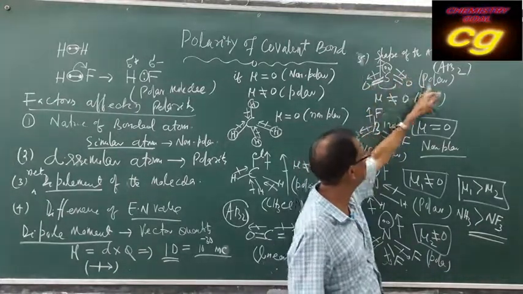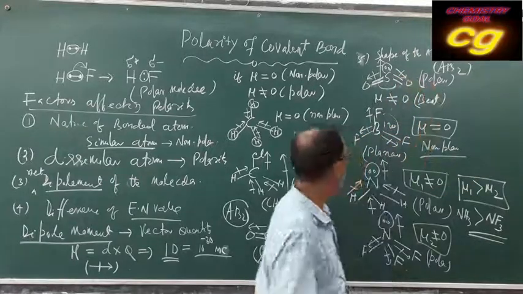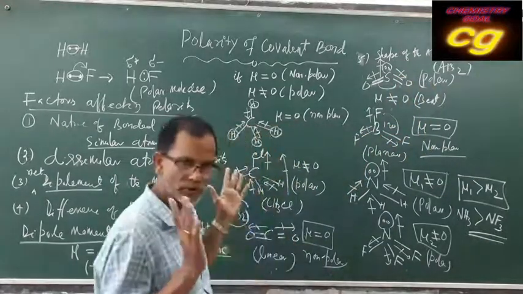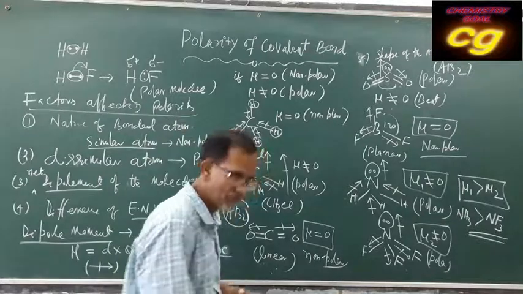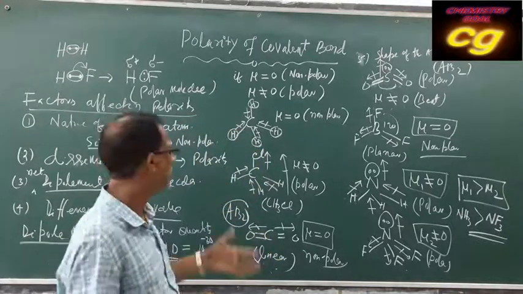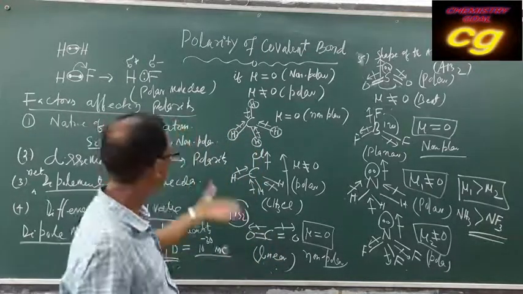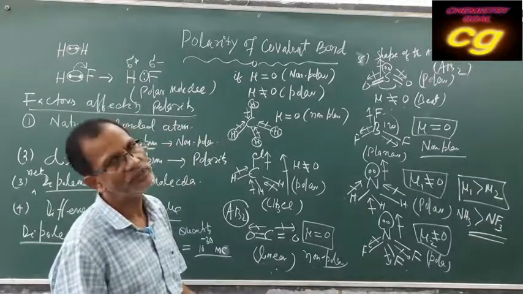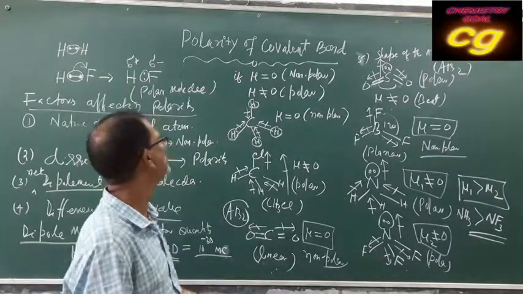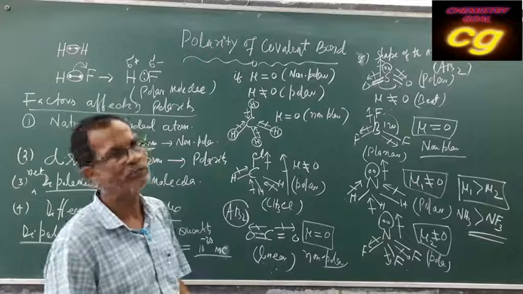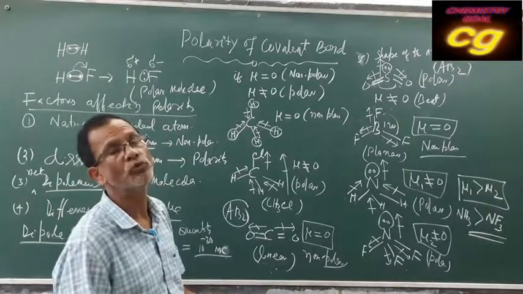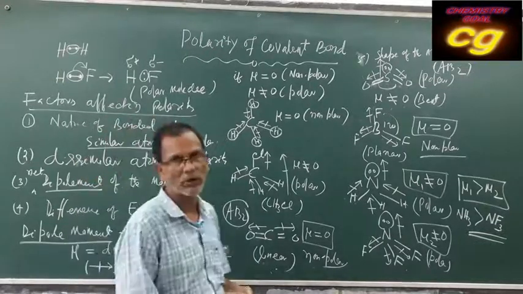That's why it is a polar molecule. So it depends upon the shape of the molecule, the availability of lone pairs and bond pairs, and the nature of bonds. Everything signifies the polarity of covalent bonds and the resultant polarity of the compound.